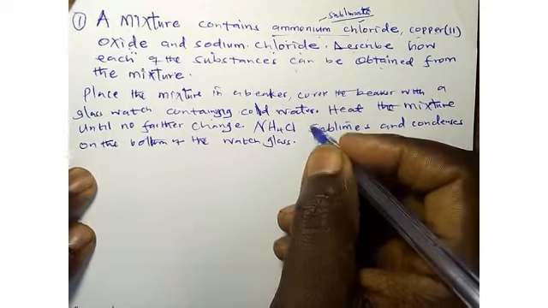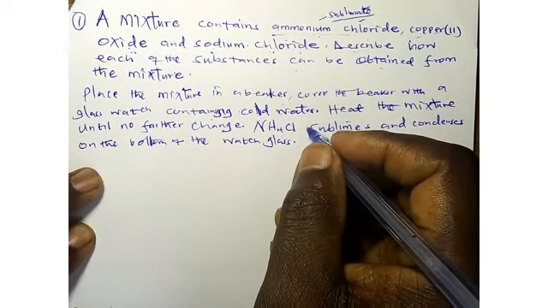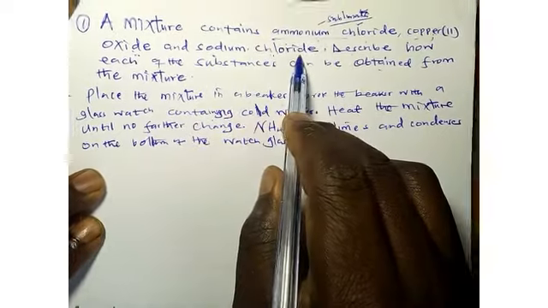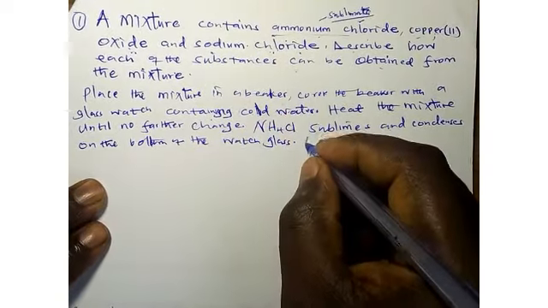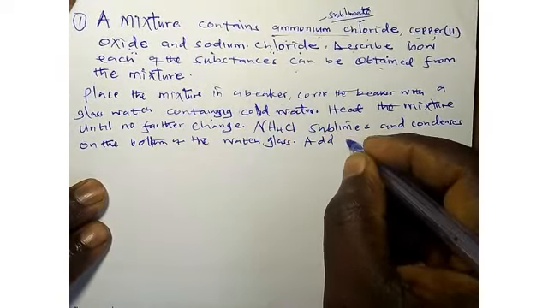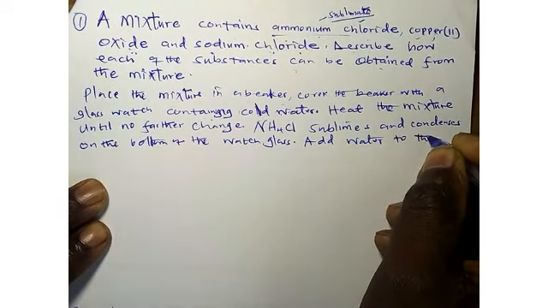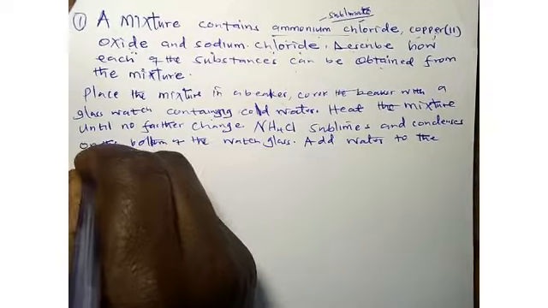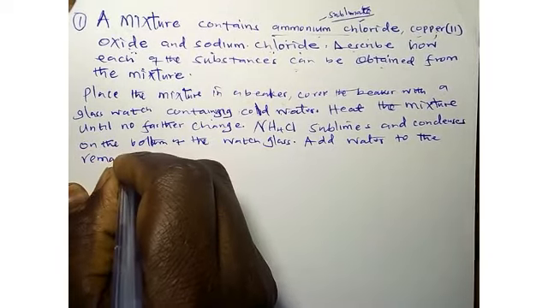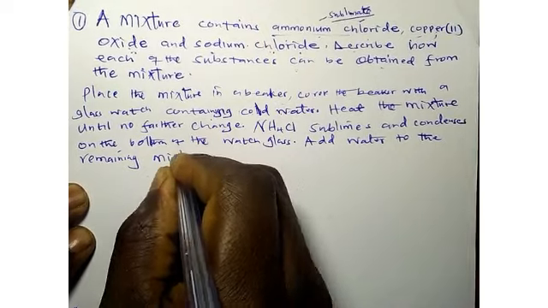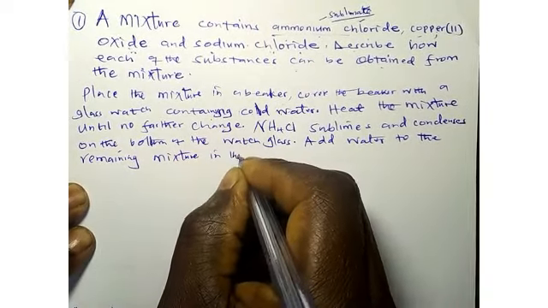So far we have separated ammonium chloride. Now we are remaining with copper(II) oxide and sodium chloride. So the next step, now you add water. Add water to the remaining mixture in the beaker.